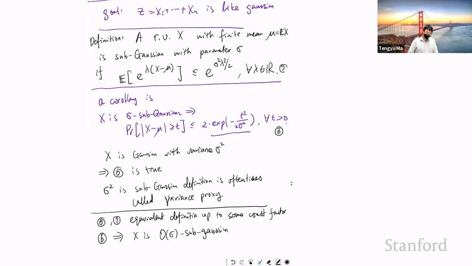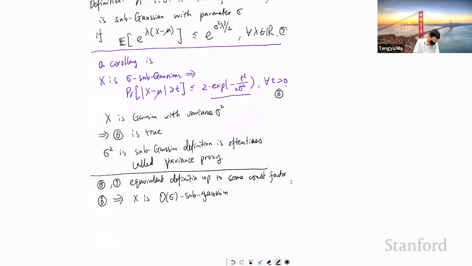Also, I didn't tell you why these two equations are related. It still sounds mysterious, and here is the reason. I'm going to show that 7 implies 6.